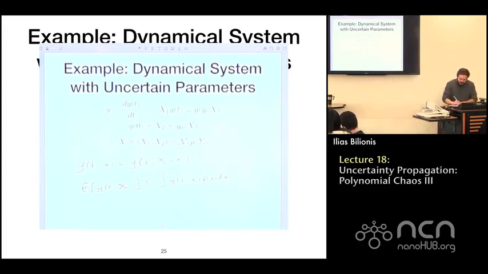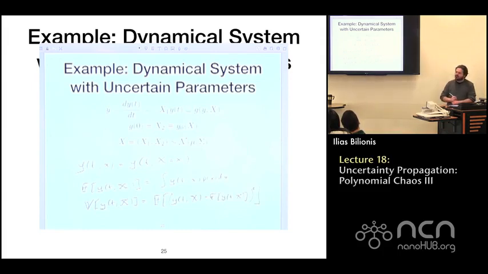Fine, that's one thing we would like to find. Another thing that we would like to find, which is a measure of our uncertainty about the solution of the dynamical system, is the variance, which is basically the expectation of (y(t, x) minus the expectation of y(t, x)) squared.